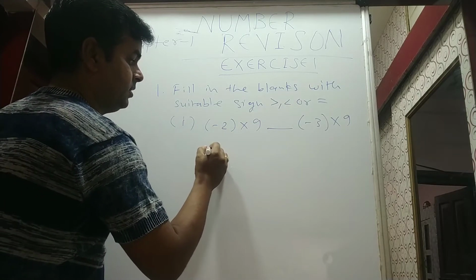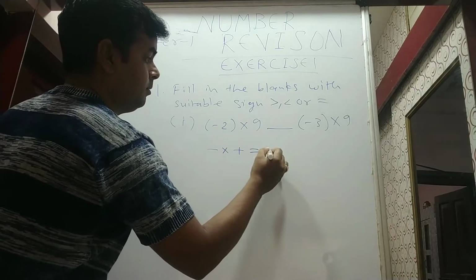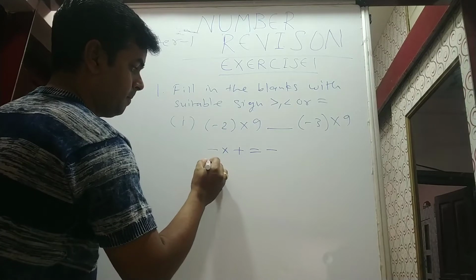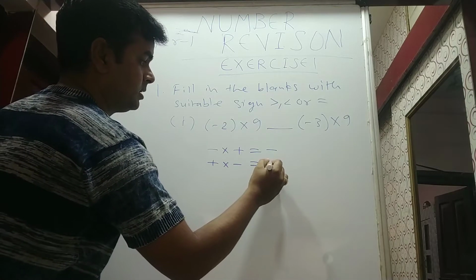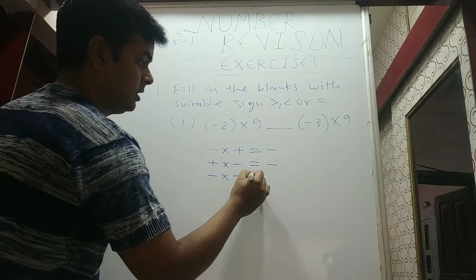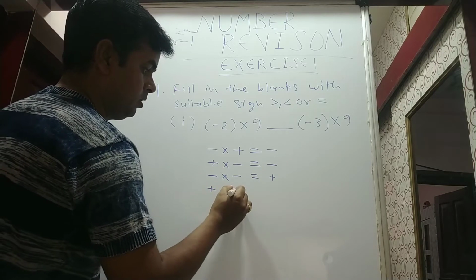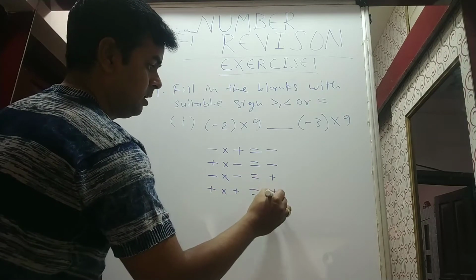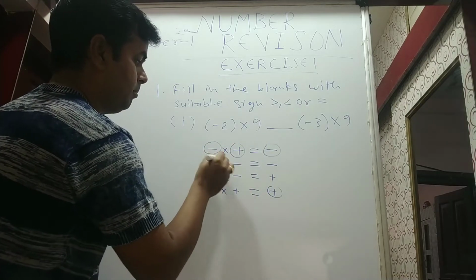I will write this for you. Minus into plus becomes minus. Plus into minus becomes minus. Minus into minus equals plus, and plus into plus becomes plus. This you need to remember.